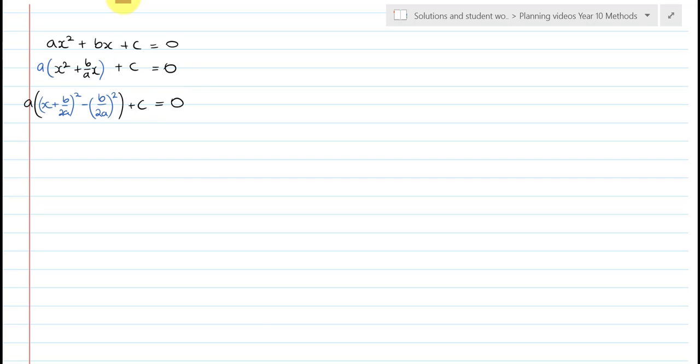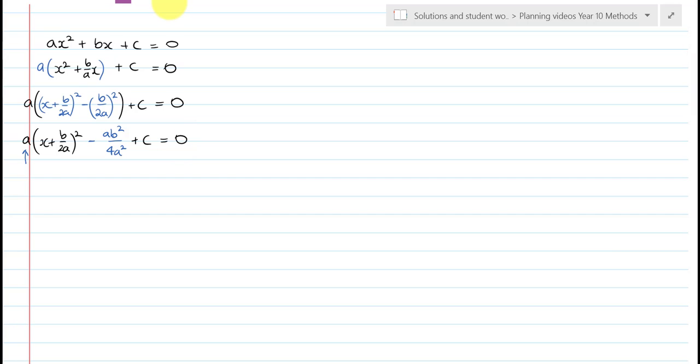So I'm going to do that expansion, which will leave me with a times x plus b over 2a squared, but I'll have this additional, b over 2a squared being b squared over 4a squared, times by a. So that gives me an extra a on top there because I expanded out the brackets with this a out the front. And of course I still have my plus c just hanging around.